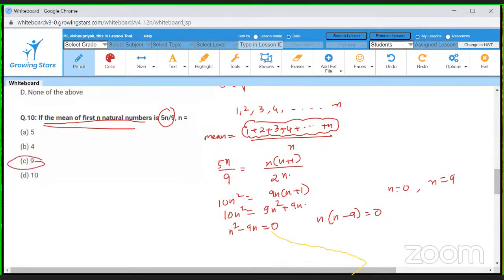They're asking you for n equal to 9, and we got option C. So those who said option C, they are only correct.